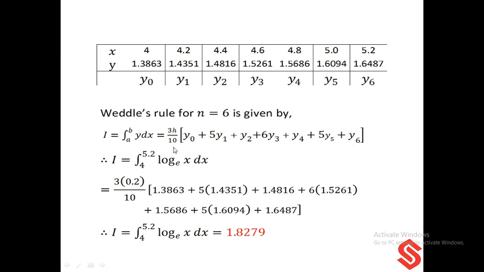While writing this Weddle's rule, we can remember the coefficients in the order 1, 5, 1, 6, 1, 5, 1. For these ordinates we have the coefficients 1, 5, 1, 6, 1, 5, 1. Then substitute the ordinates and simplify, you will get the value 1.8279. That is the required answer. Thank you.